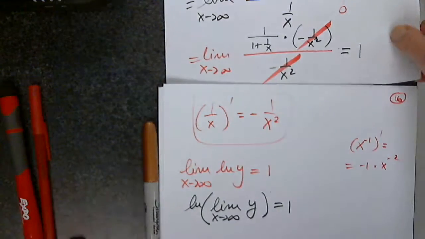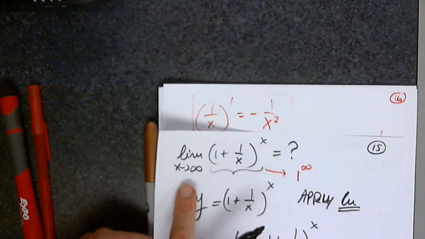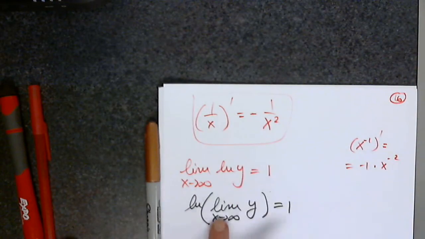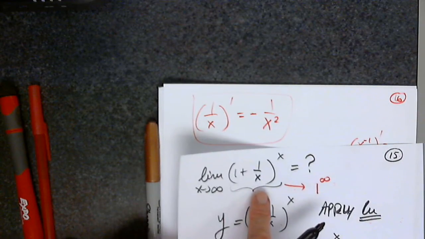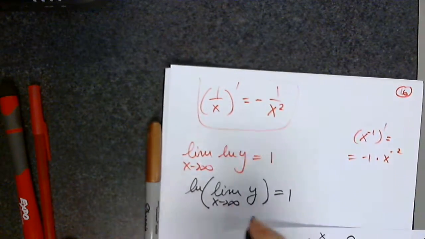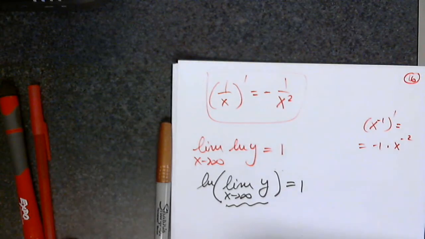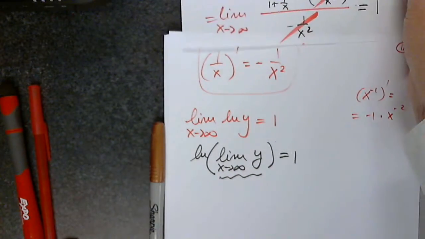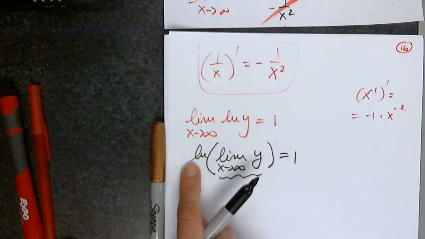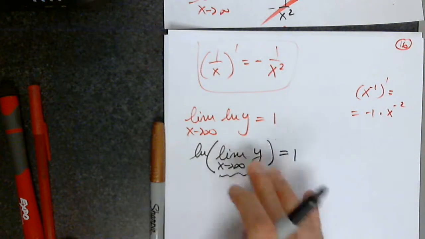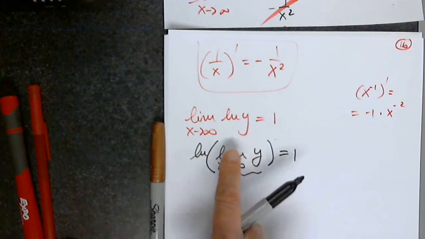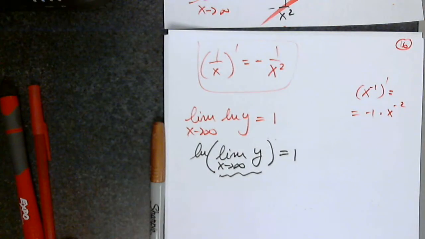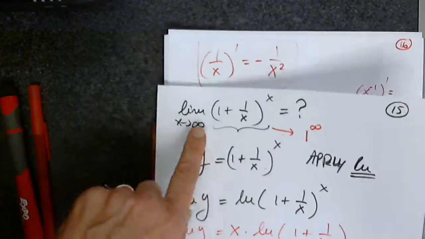Okay, so now I'm coming back to what I'm asked to find. I was really asked to find the limit of y. What do I know? I know that natural log of blah is 1. So how much should blah be?